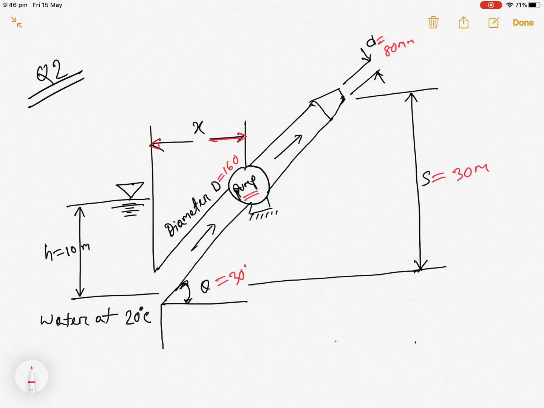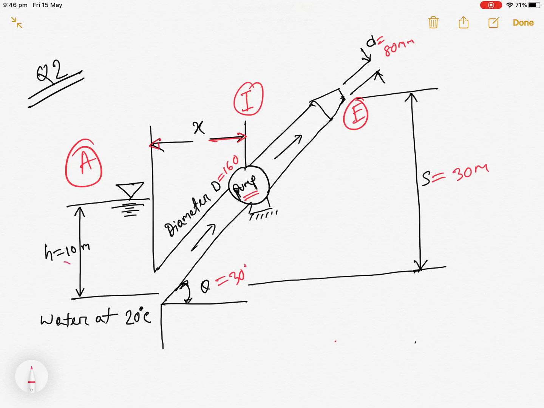For better understanding, let's say this reservoir end, or the pipe inlet, is A. The pump inlet section is I, and the exit section is E. It will help us solve this problem.